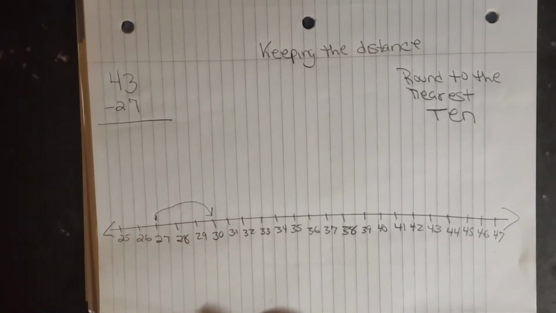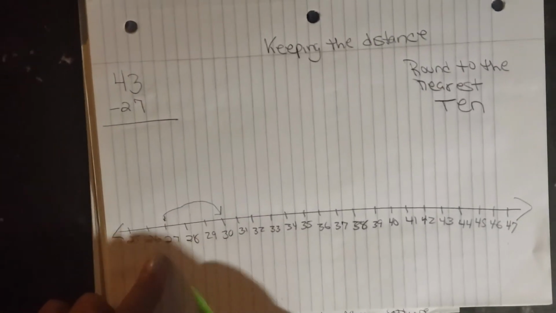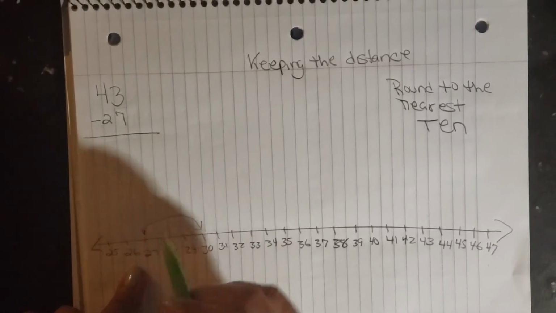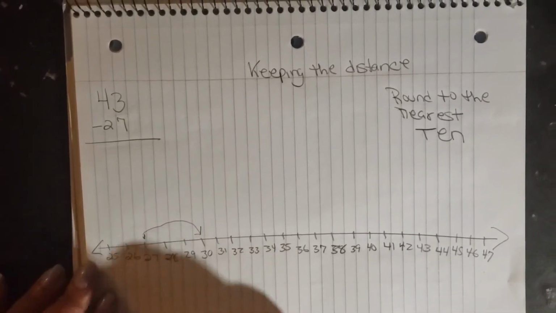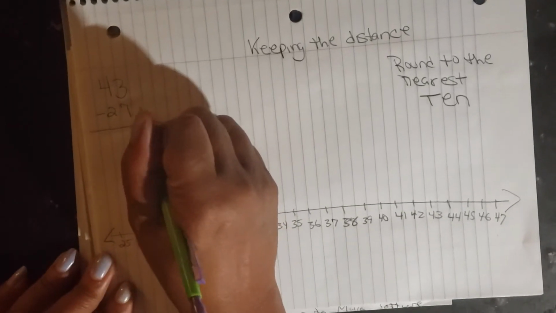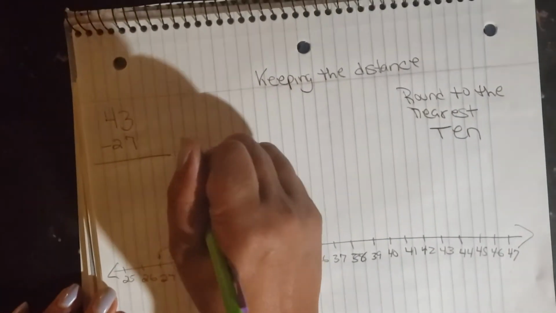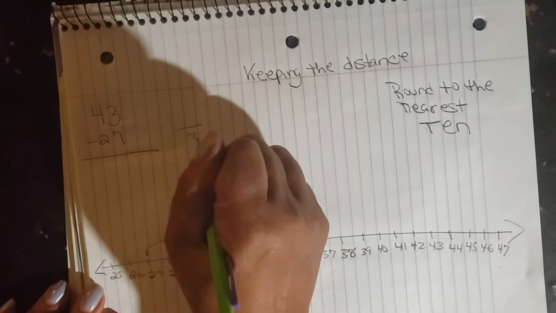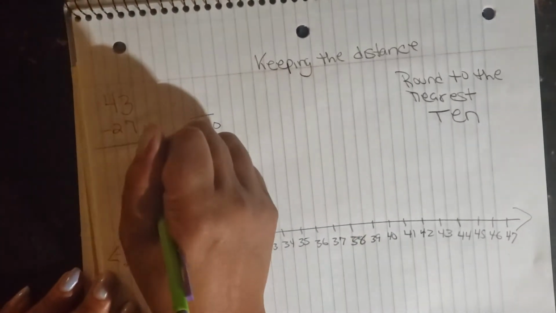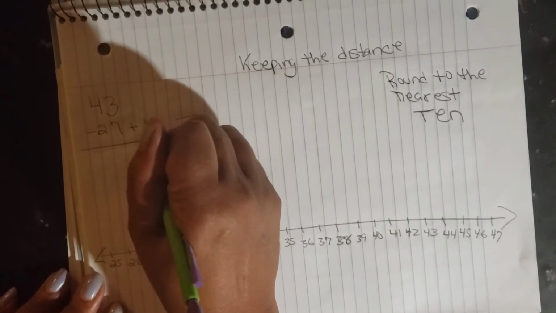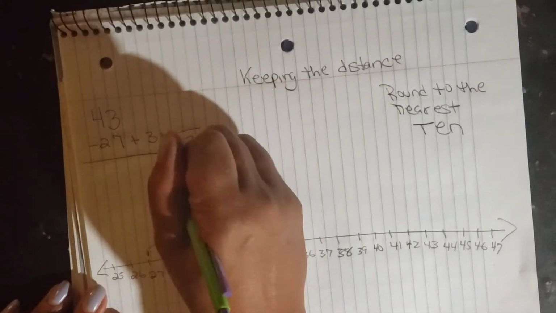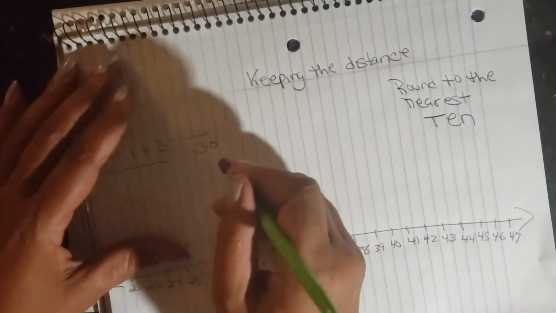We could count 3 spots. Between 27 and 30, there is 3. We are adding 3. So 27 plus 3 equals 30.